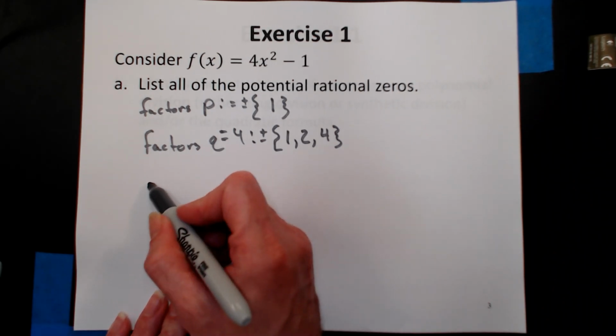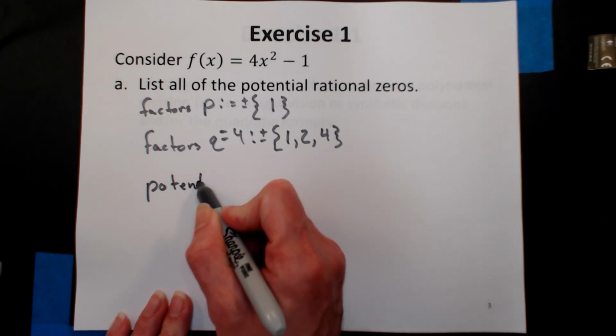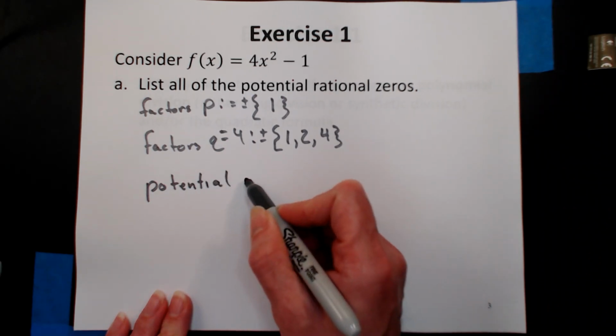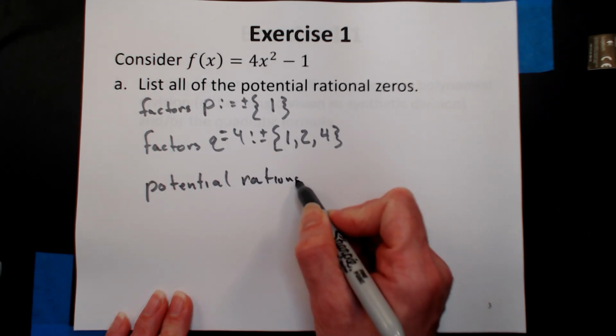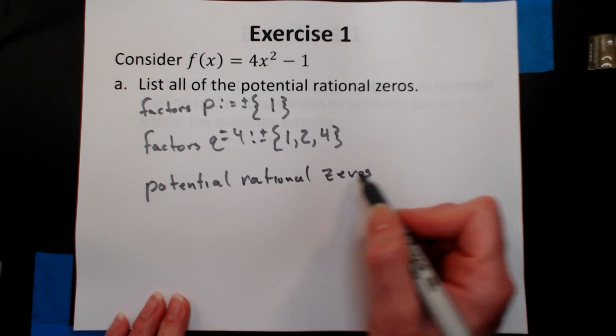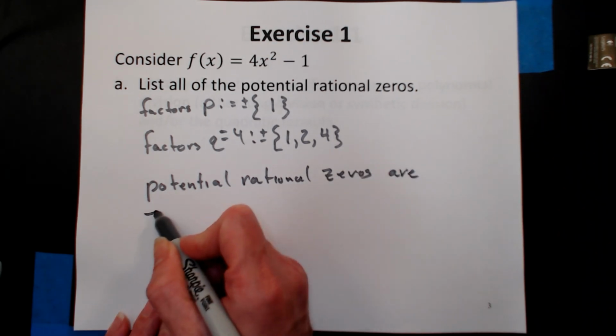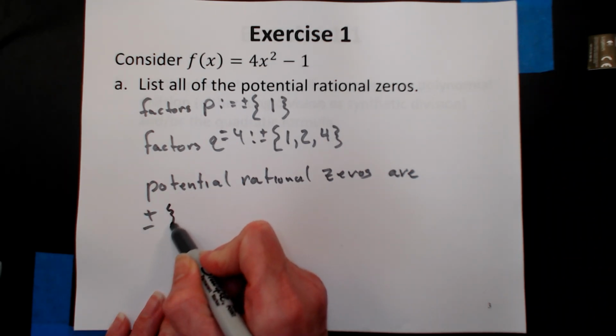So the potential zeros, I should say, are plus or minus. This is how I like to do them.